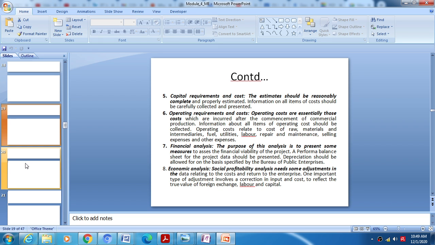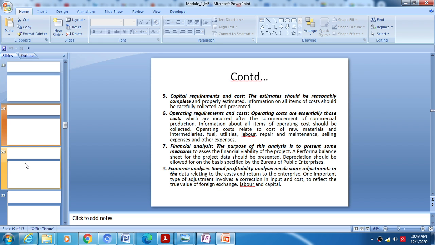The next one is financial analysis. The purpose of this analysis is to present some measures to assess the financial viability of the project. A performance balance sheet for the project data should be presented. Depreciation should be allowed for on the basis specified by the Bureau of Public Enterprises.